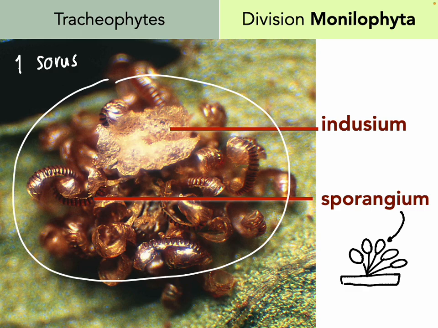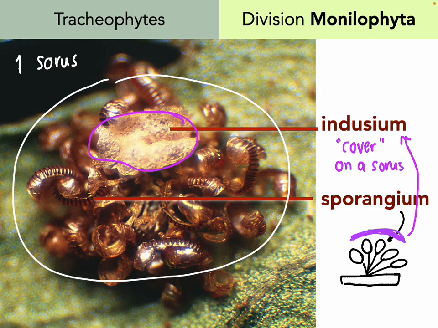Like this one is a sporangium. And on top of that, you have a cover of everything. The cover is called indusium. It's the cover on a sorus. So on each sorus, you have a cover.